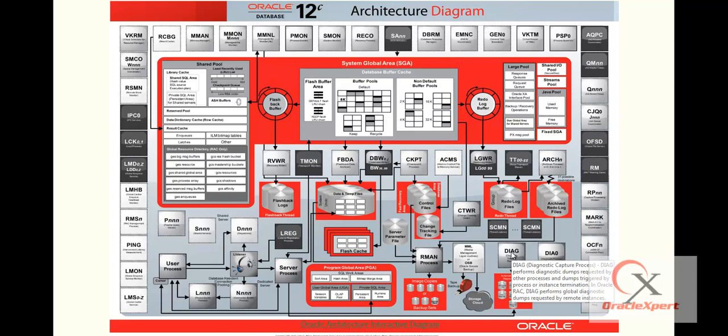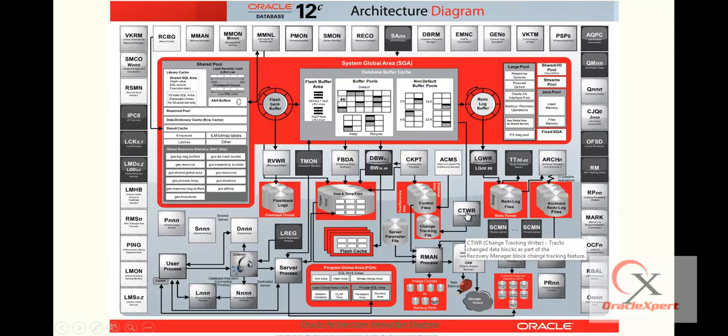Next is parallel recovery process, PRNN, which serves as a slave process for the coordinator process performing parallel media recovery and carries out tasks assigned by the coordinator. The default number of these processes is based on the number of CPUs on your server.